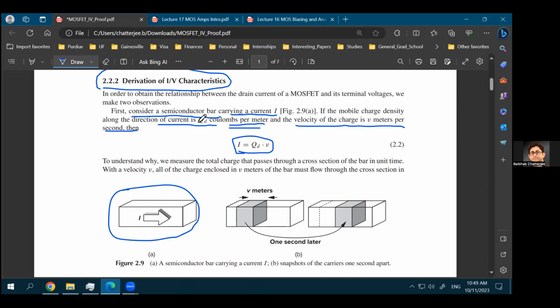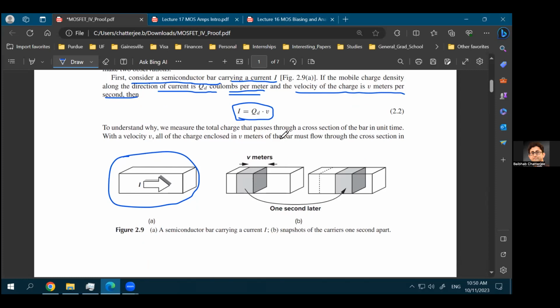So if you have a charge density of QD coulombs per meter and velocity is V meters per second, if you multiply the two, what would be the unit? It will be coulomb per second. That is the exact unit of current. Ampere is equal to coulomb per second, right? So current is equal to QD times V.